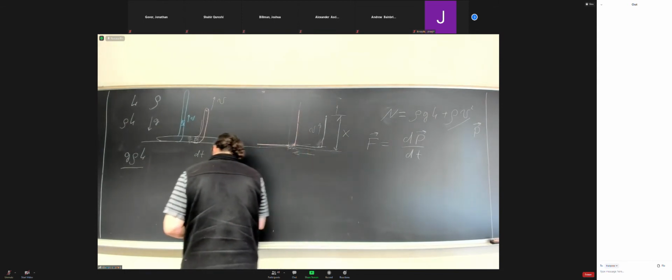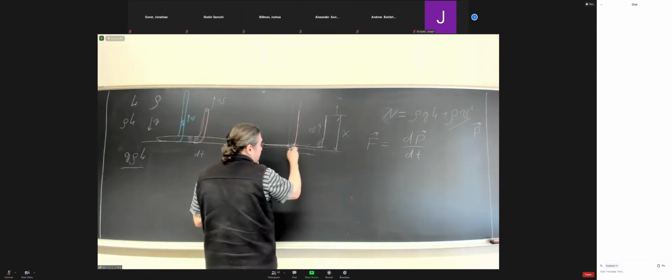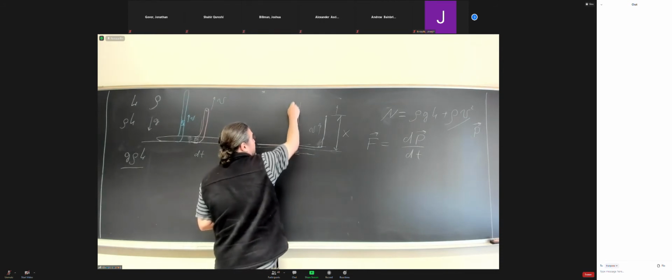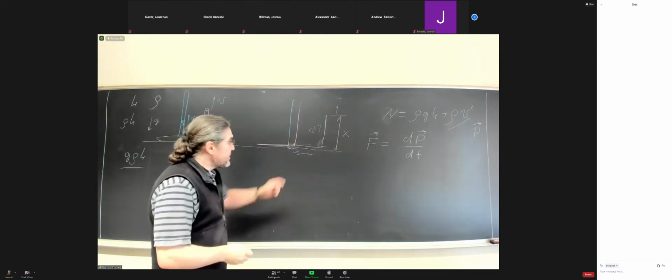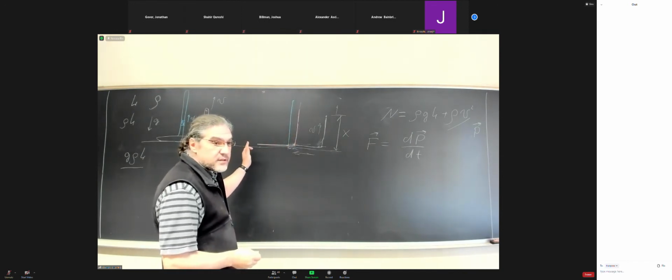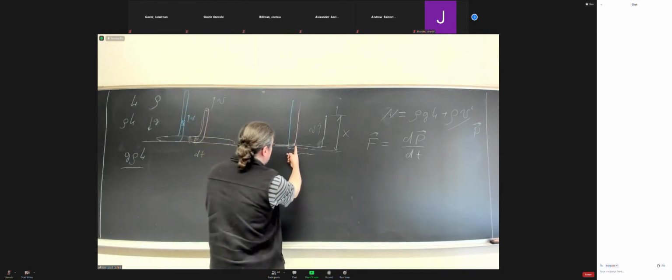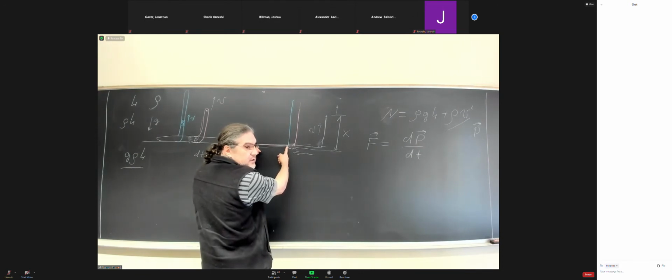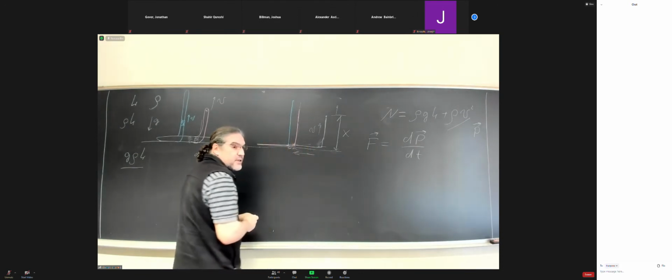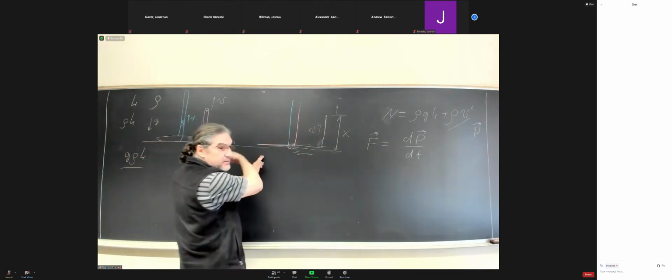This is my snake at some time, and this is my snake at the next point in time. So you see that it's actually shifting this way. The snake was here, now it's all here. So something is moving; it's to the left.